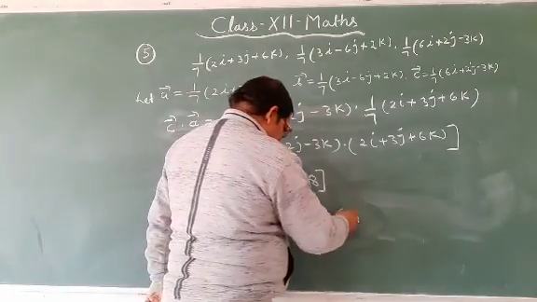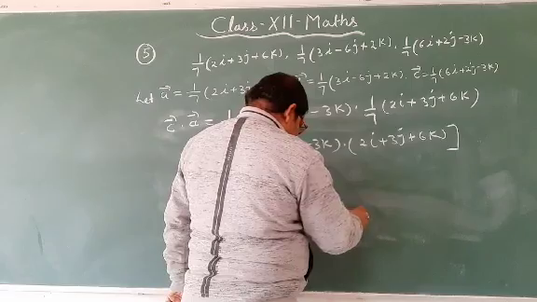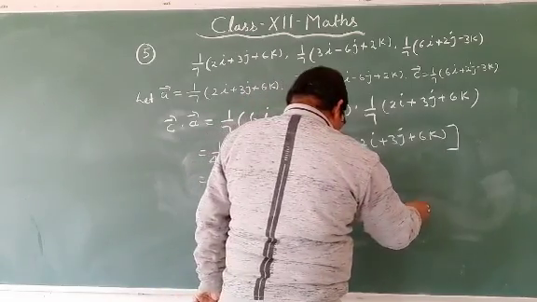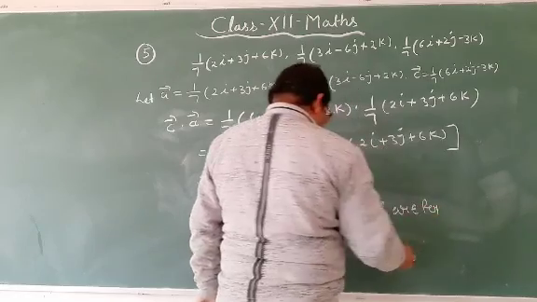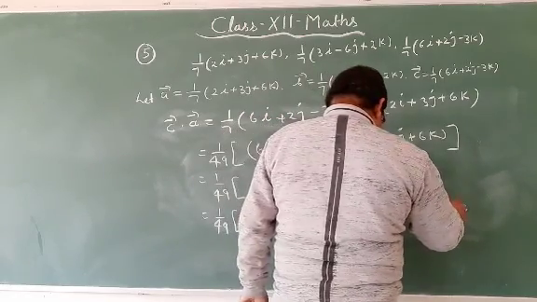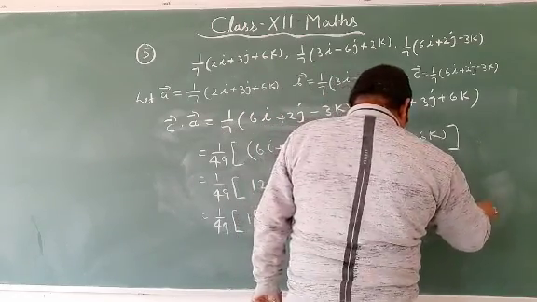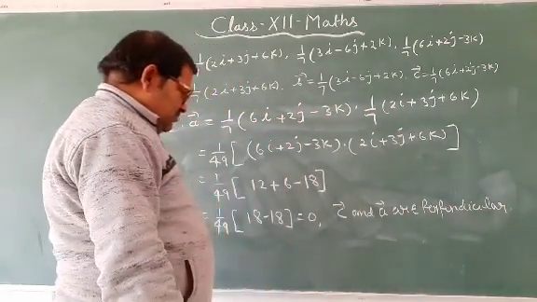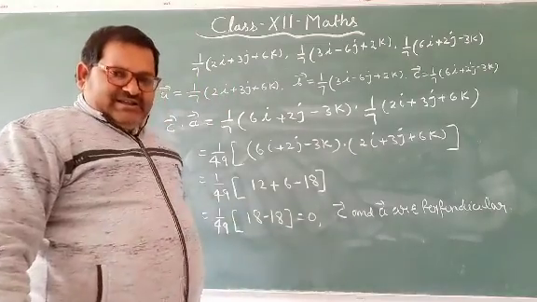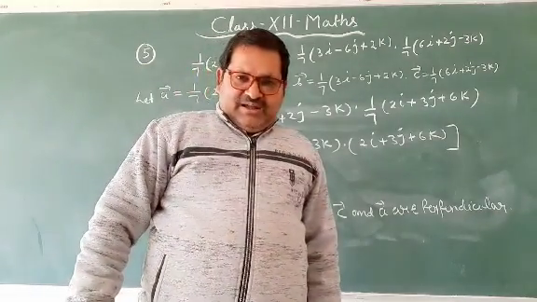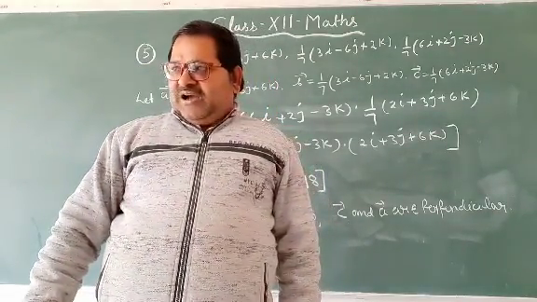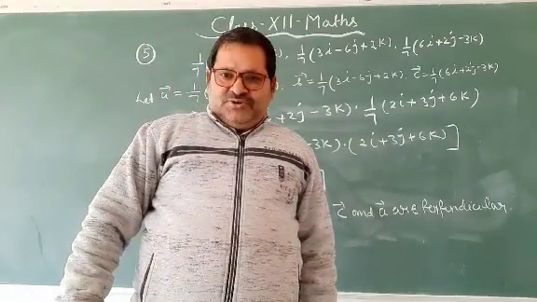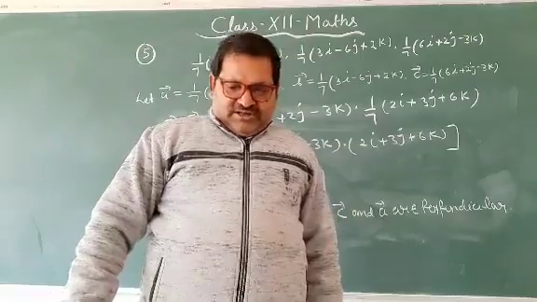Vector C and vector A are perpendicular. So therefore vector A, vector B and vector C are mutually perpendicular to each other. Okay, thank you.